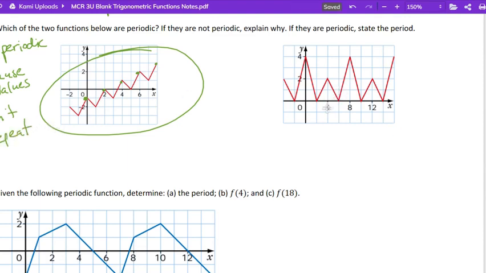Whereas on the right side, periodic thumbs up, not periodic thumbs down. We got a periodic function. Why? Well, because y values repeat.